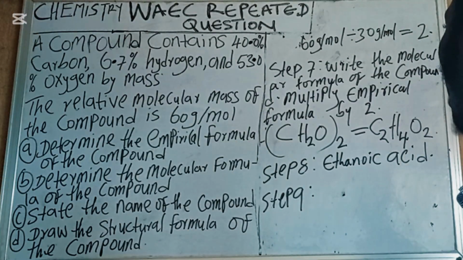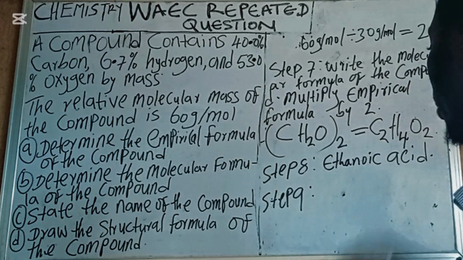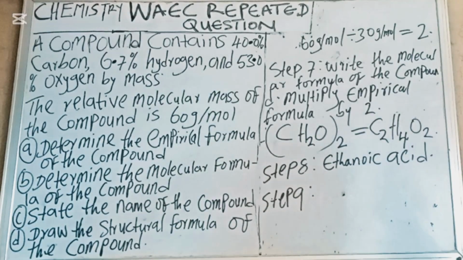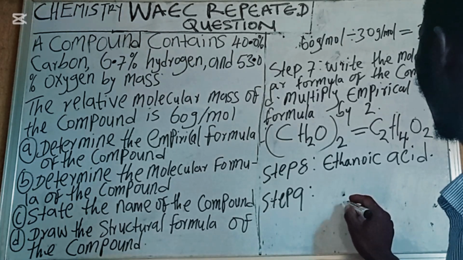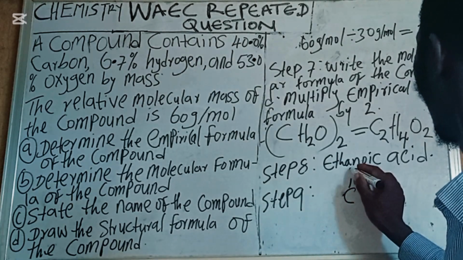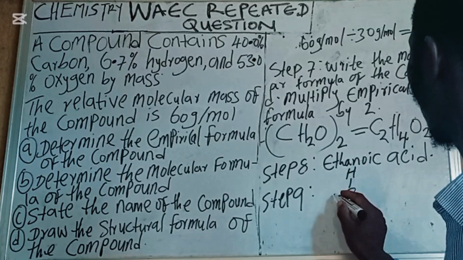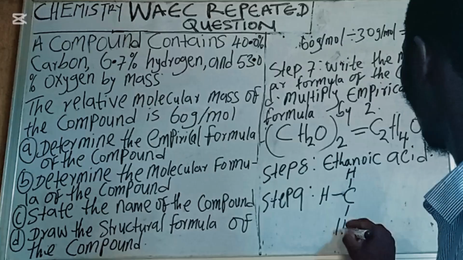In this step we are to write the structural formula of our compound. So please, you watch very well, you watch carefully, because I'm going to draw the structural formula of this compound. So you have C, then you have a bond here bonded to hydrogen, and another bond here bonded to hydrogen, and another bond bonded to hydrogen.